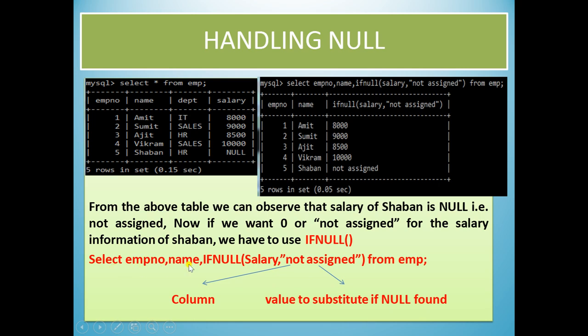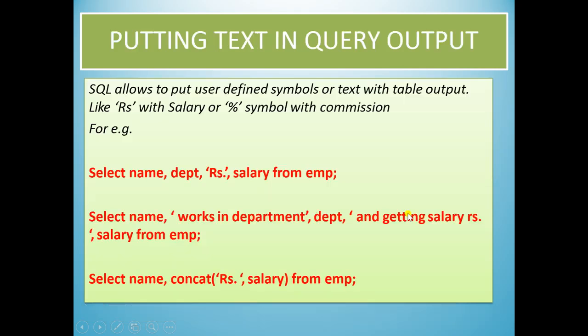Select EMP number, comma name, then you have to use IFNULL. So IFNULL, salary, not assigned will be written here in place of null from EMP. So this is the column and this is the value to substitute. This is the column, okay, salary. So by this way you can write the values in place of null.